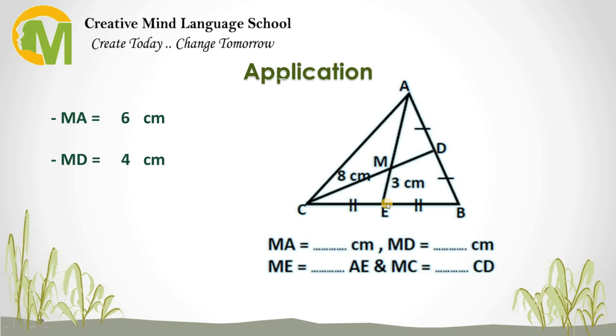So we can say here that ME equals 1 over 3 of AE. The final point, we need the ratio between MC and CD. MC is the part of the median near the vertex, and CD is the whole median. So the ratio between them is 2 to 3, or we can say that MC equals 2 over 3 of CD.